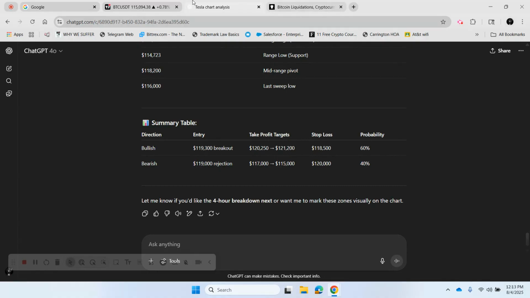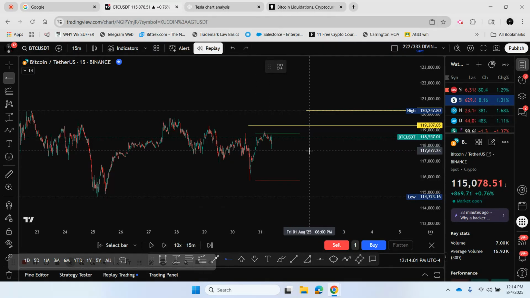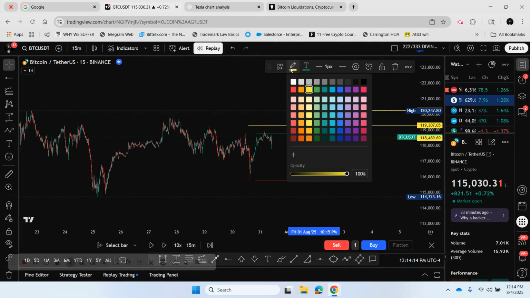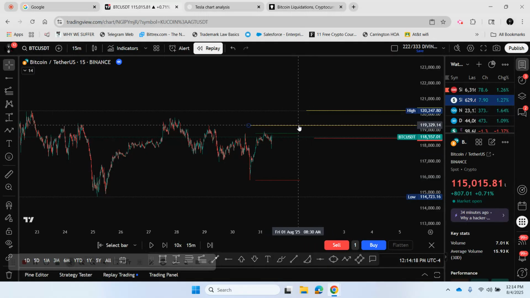Stop loss of 118,500. Let's just do it right here, and we'll change the color of this to red, so that'd be a stop loss. Basically, you enter the trade right here, and that's your stop loss here.